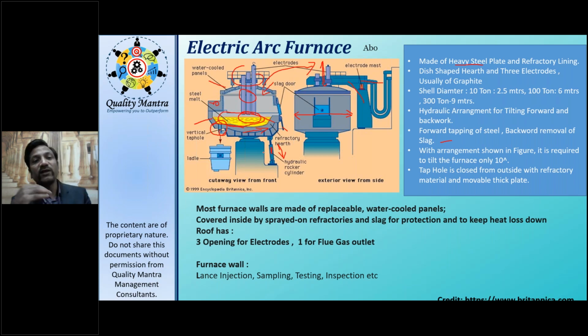So now when the charge is ready, the molten material is ready for tapping, they will remove the steel plate and then they will remove the refractory material, but it is very hard, है ना. तो उसको निकाल देते हैं and the tapping will start from the bottom and then it will be taken into the ladle.